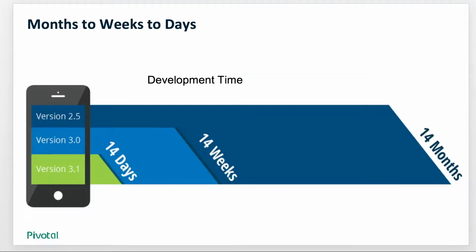So going ahead, this is a customer achievement. A typical customer took almost 14 months to create one mobile app version, 2.5.